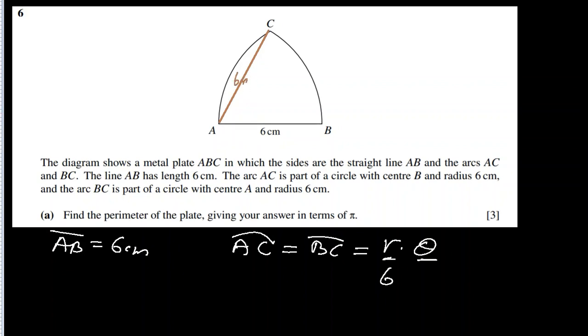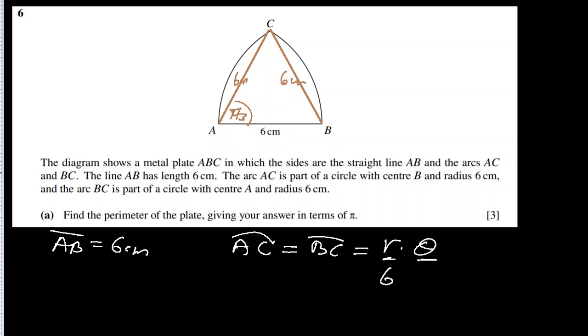Similarly, if I draw a line like this, it will also be 6 centimeters because this is also a radius of the arc AC. This is also a radius of BC and both are 6. That means this angle is pi over 3, 60 degrees. We know that this is an equilateral triangle. Every angle will be pi by 3 and that angle pi by 3 we will use in this formula.